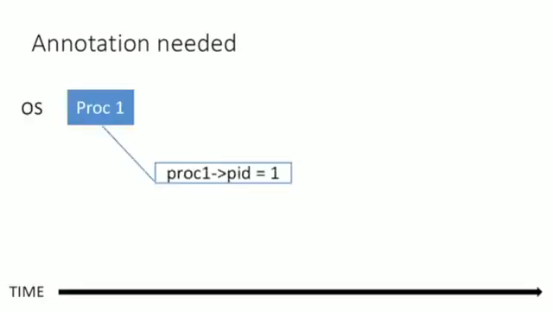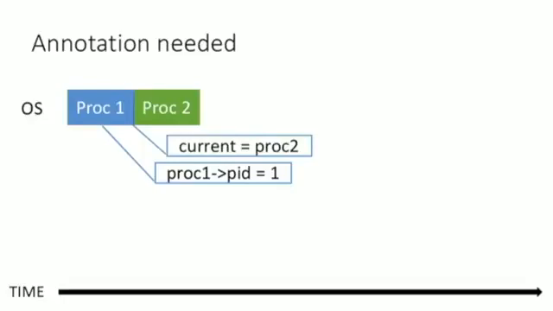So first, let's talk about the annotations we need for this task. As we said before, our MPI is inspired by the operating system isolation mechanism. So first, review the OS process model. One process has its own ID to identify the process. And whenever the scheduler picks another process to run, it will update the current value in the Linux kernel.